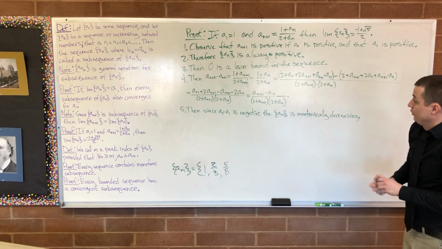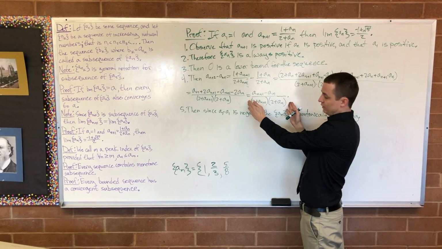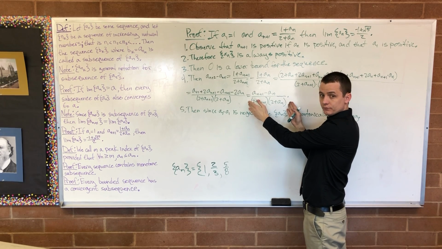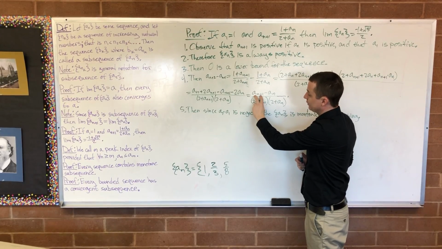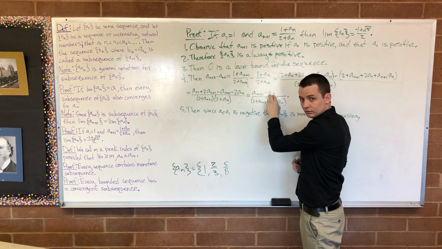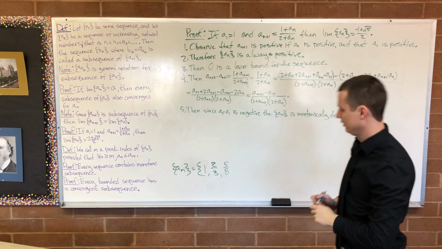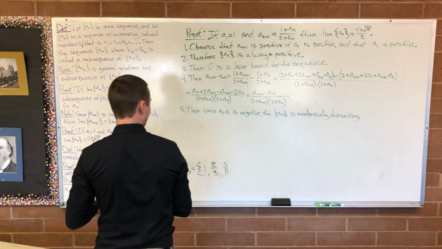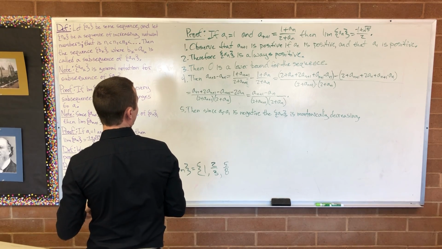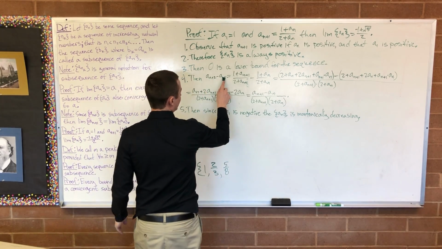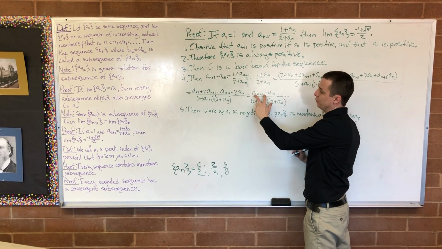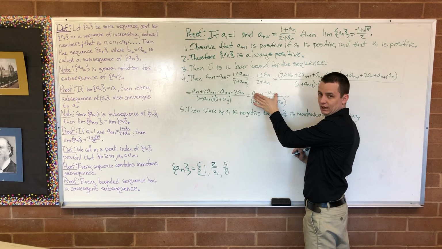Okay, so notice, when is this term negative? When a sub n plus 1 is bigger than a sub n. Do I have that right? The next term minus the previous term. Oh, yeah, so when a sub n is bigger than a sub n plus 1, this is negative.